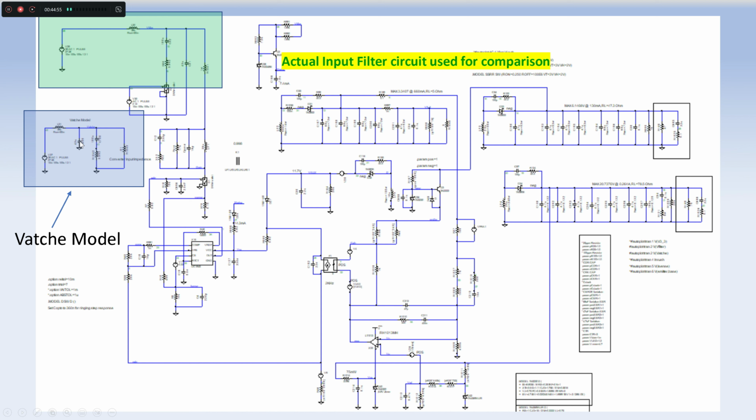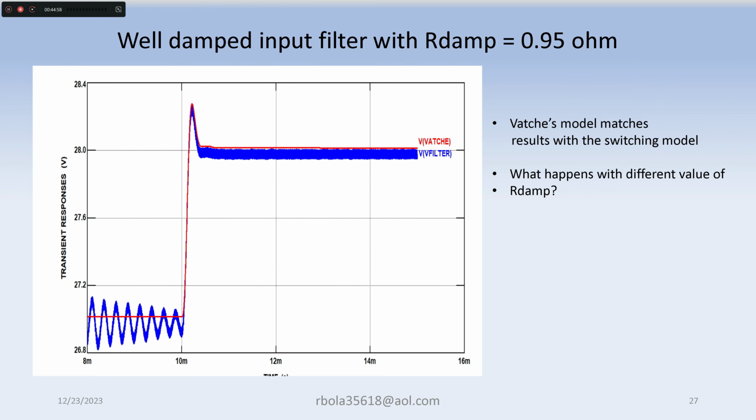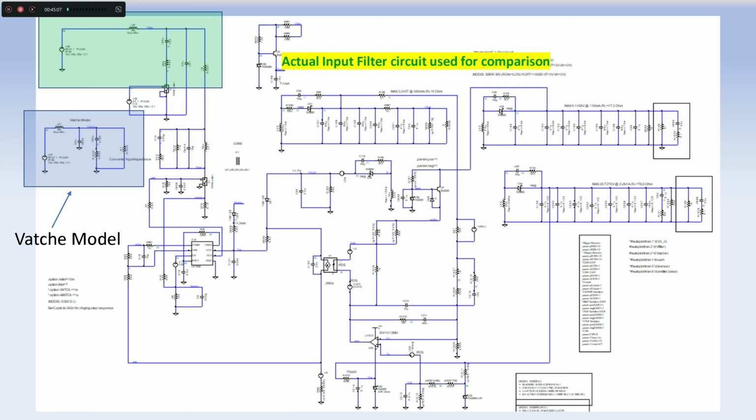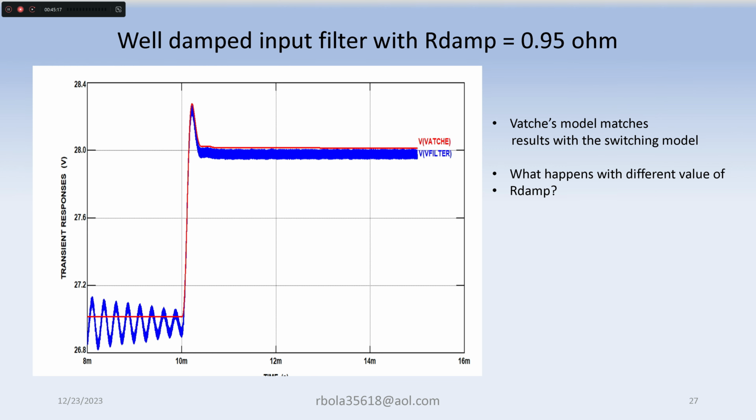So basically I ran the simulation, and here you can see that if I set the R damp in both, that is the only thing that I'm changing. And if I plot the voltage of the filter, you can see that they're pretty good.